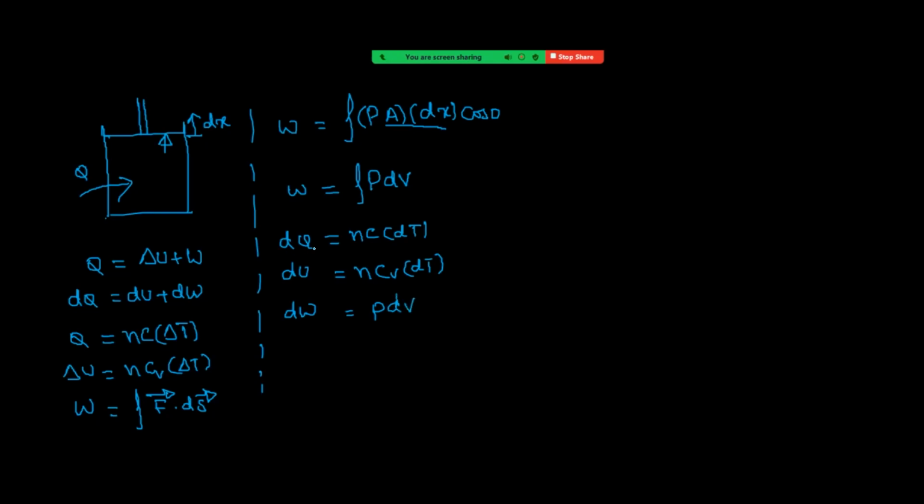When we integrate this one, we are going to get the Q value. In the same way, integration of dU gives us delta U. In the same way, integration of dW gives us the work done by the system.